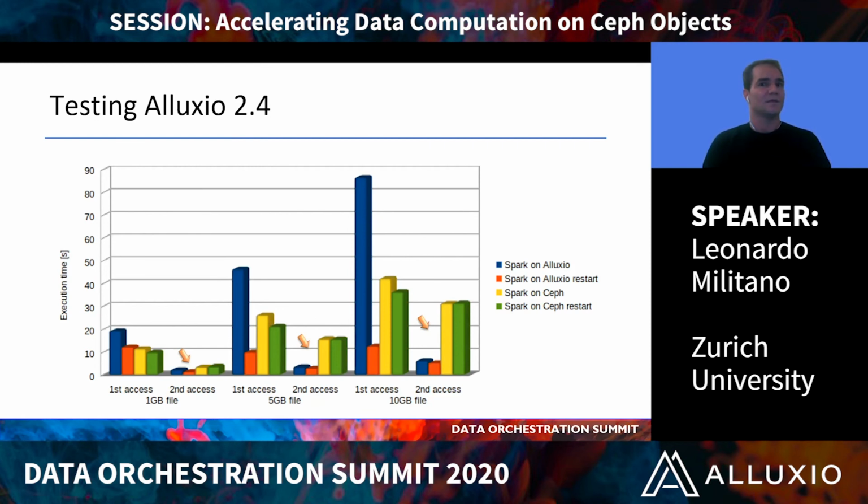So since the whole system is performing much better, the gains are somewhat reduced. But still, in the second access in particular, for instance in the first set of solutions for the 1 gigabyte file, but also in other ones, we see that the blue bar and the red bar in the second access are lower. So there is a reduction in execution time.